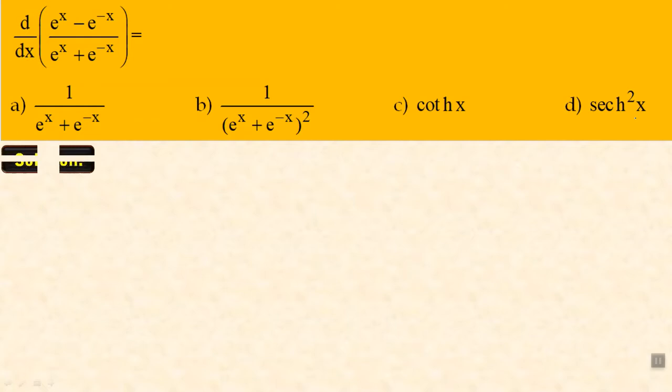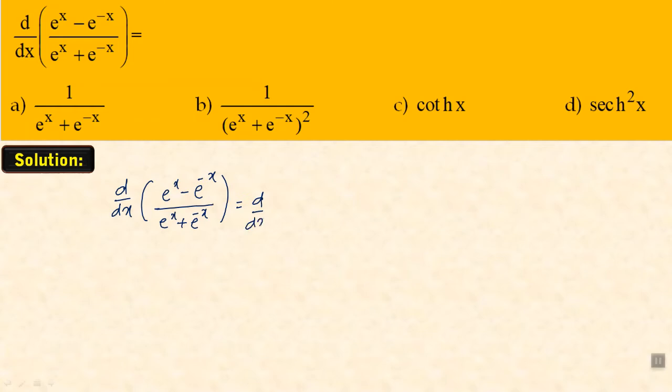Let us find this. D by dx of e power x minus e power minus x divided by e power x plus e power minus x is equals to d by dx of, we know that tan hx is equals to e power x minus e power minus x divided by e power x plus e power minus x.